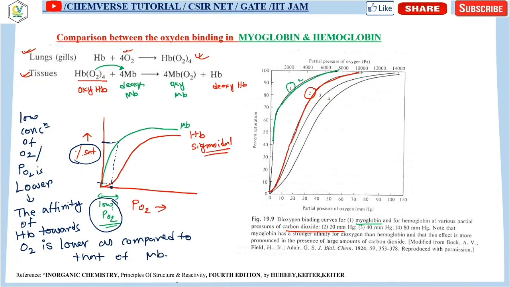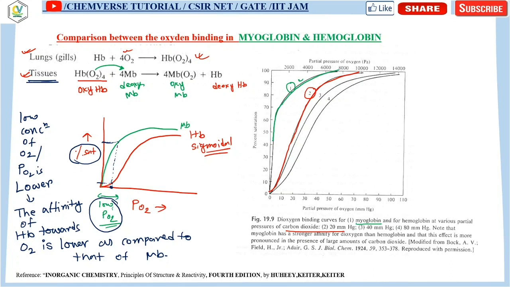So when low partial oxygen pressure is there, hemoglobin has a lower affinity to bind with oxygen. Inside the tissue, there is a higher carbon dioxide concentration and lower oxygen concentration, because metabolism leads to the consumption of oxygen and formation of carbon dioxide.